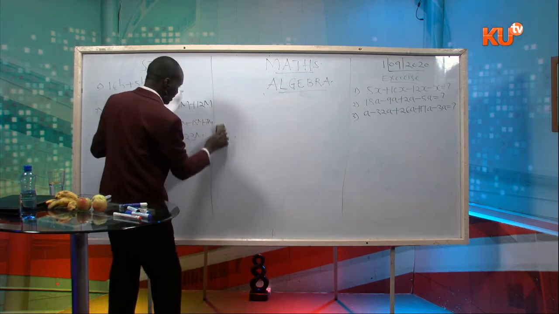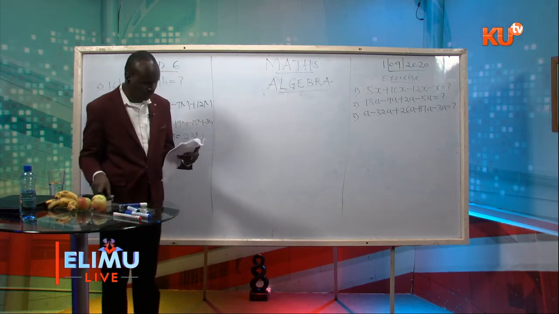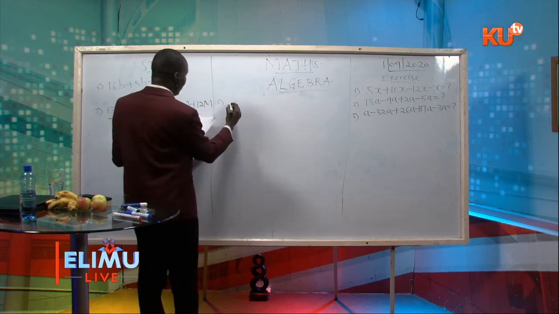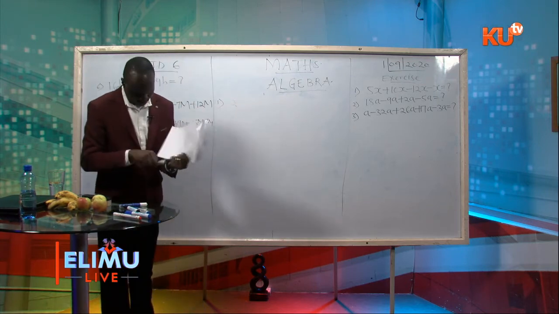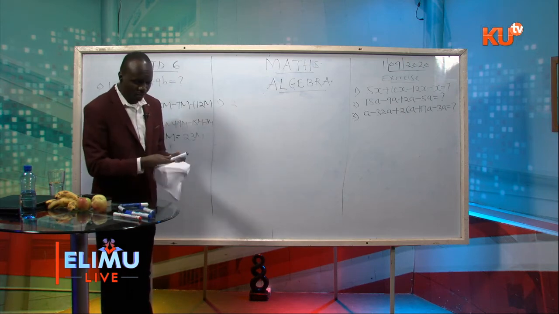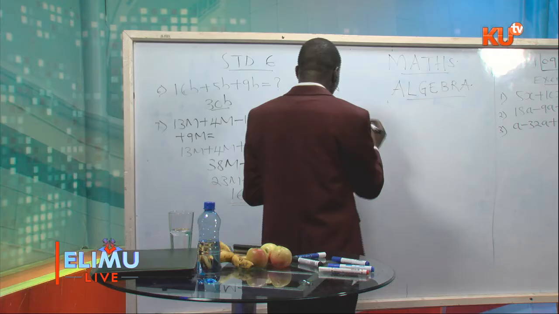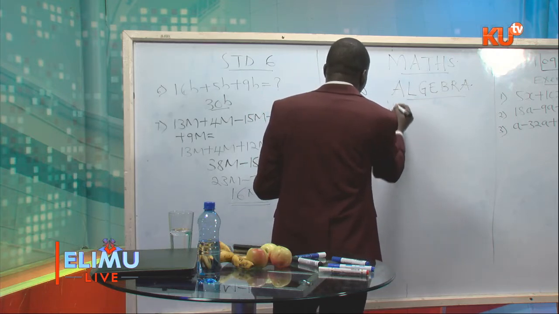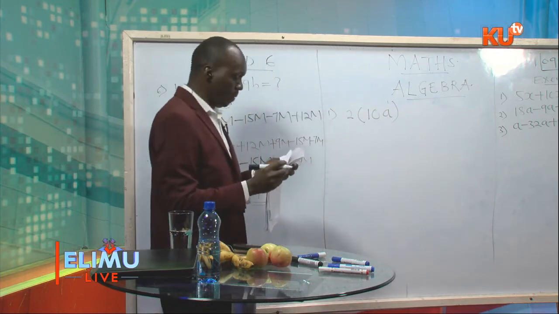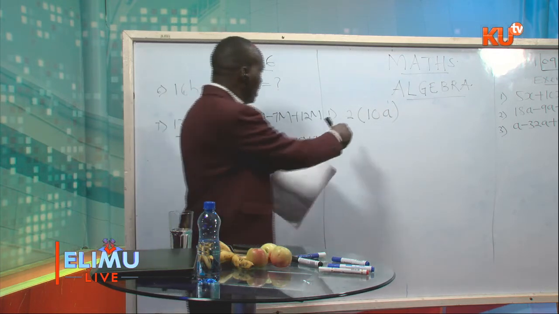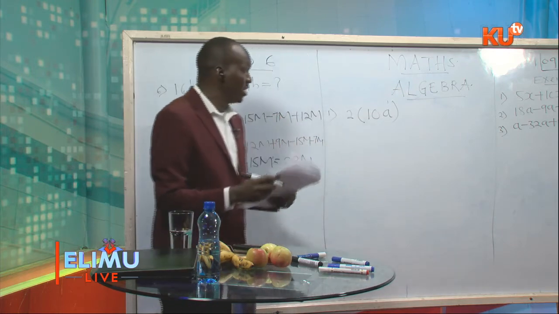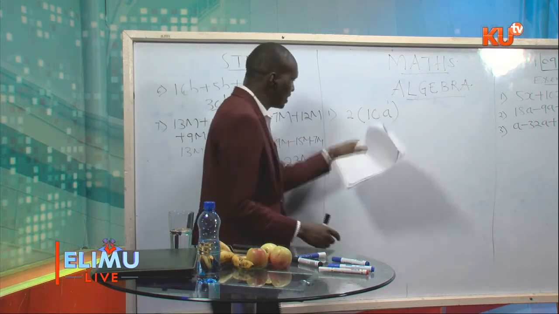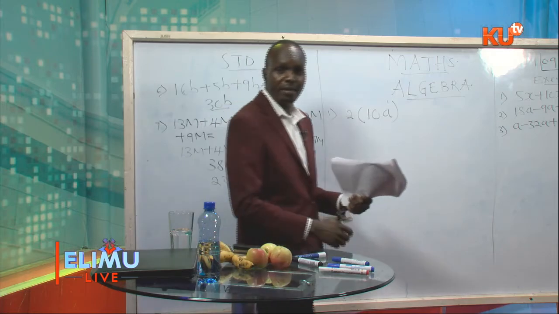Here we have 2, open the brackets, 10A. This means we multiply 10A by 2. We multiply what is inside the brackets with what is outside the brackets.